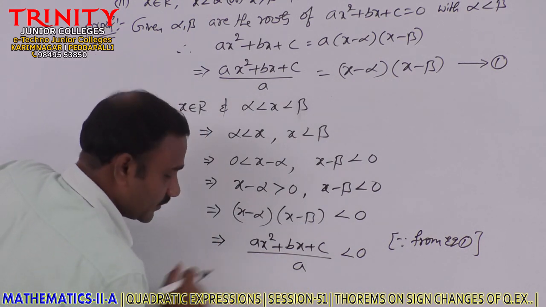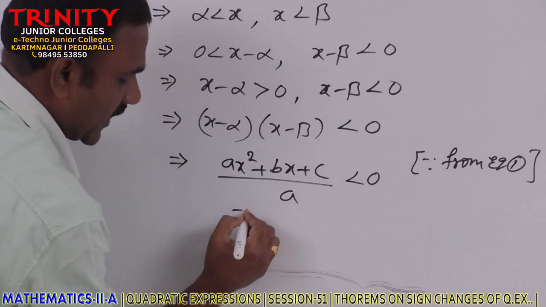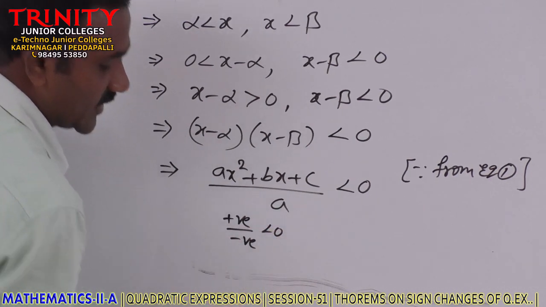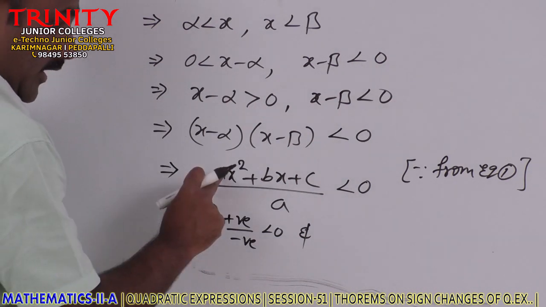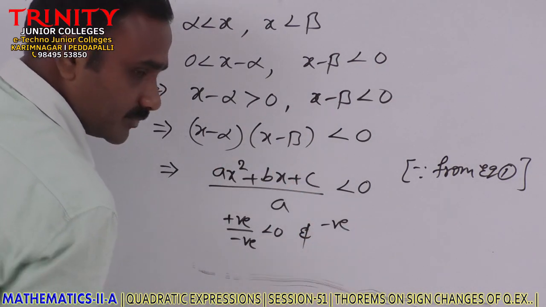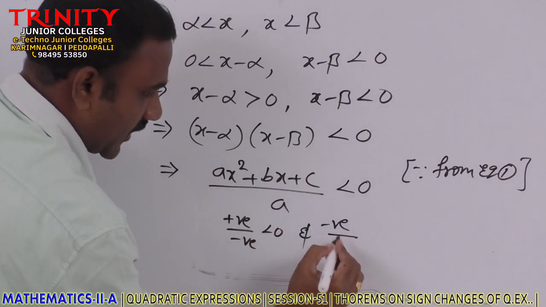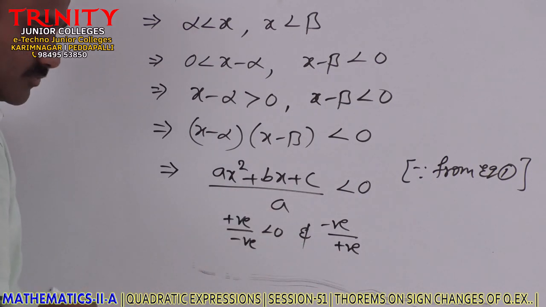It is possible if the numerator is positive and the denominator is negative, then it is less than 0. And if the numerator, ax square plus bx plus c, is negative and the denominator, the coefficient of x square a, is positive.